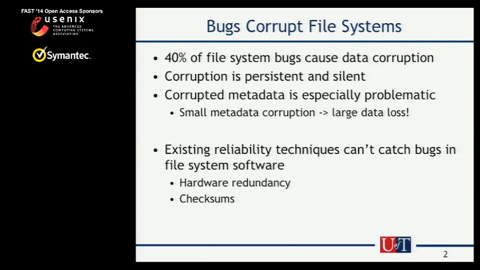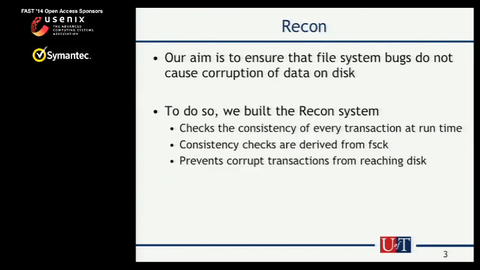So hardware redundancy and checksums can't really help us here, because if the file system produces a block which it has corrupted, and then checksums that block, and then replicates that block, the corrupted block has now just been well preserved, but it's still wrong.